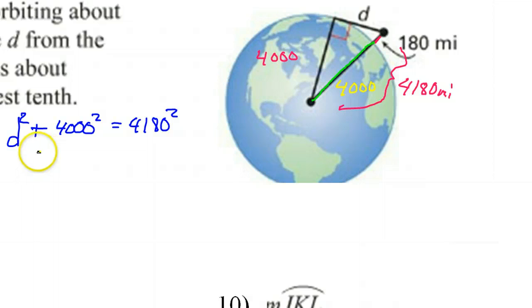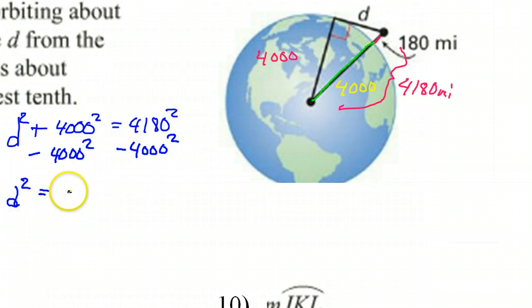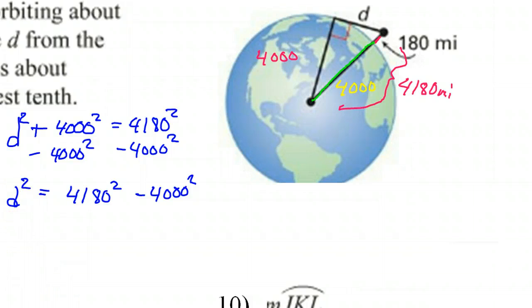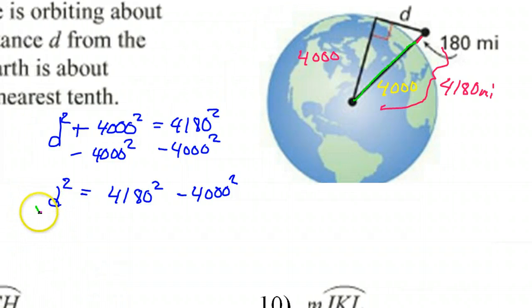And something I like to do is leave it in this form so I don't get crazy big numbers. So I'm just going to subtract 4,000 squared from both sides. That's going to give me d squared is equal to 4,180 squared minus 4,000 squared. To get d by itself, I will take the square root of both sides.